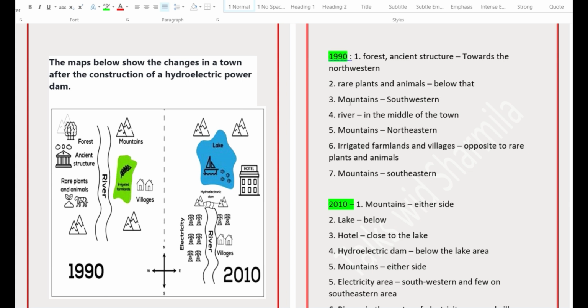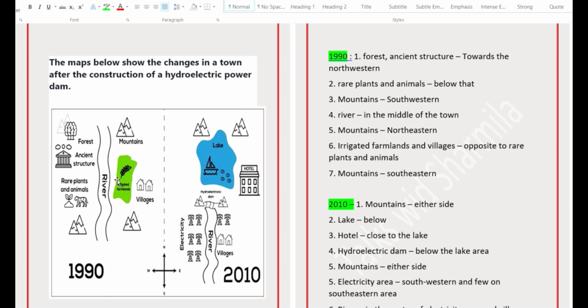Then it is the mountains to the southwestern side, the river which is right in the middle of the town, the mountains again to the northeastern side, the irrigated land and villages opposite to the rare plants and animals. Learn the vocabulary also.